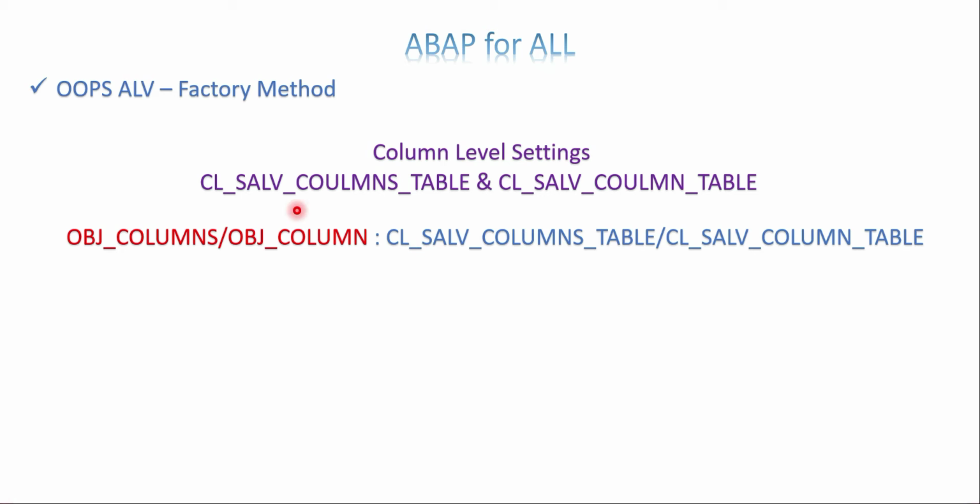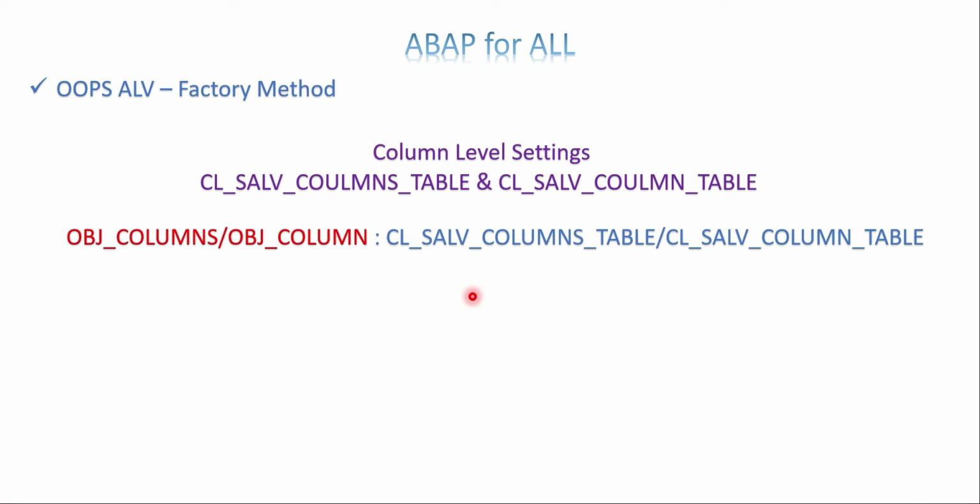One is for columns. If you want to apply a change to all the columns, then you have to use this class, ALV columns table. But if I want to enable some options for a particular column, then you have to use SALV underscore column table. So the S is the only difference between these two classes.